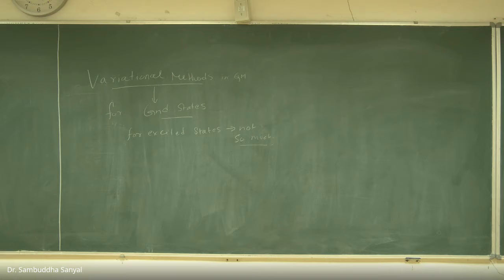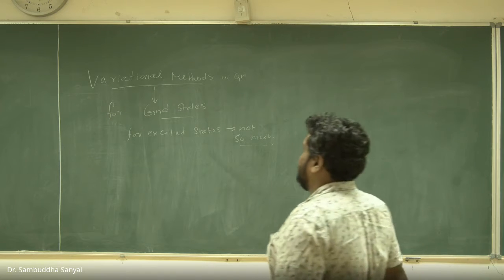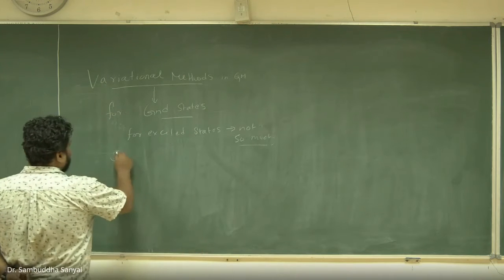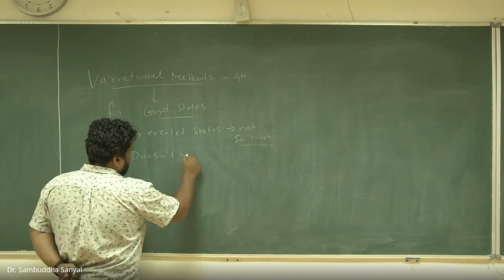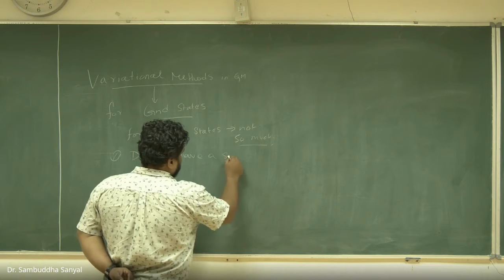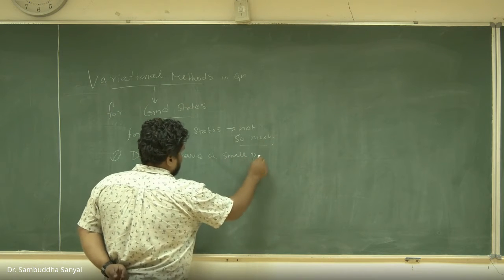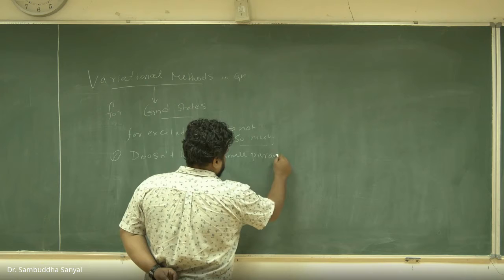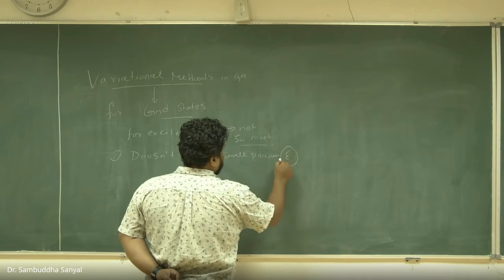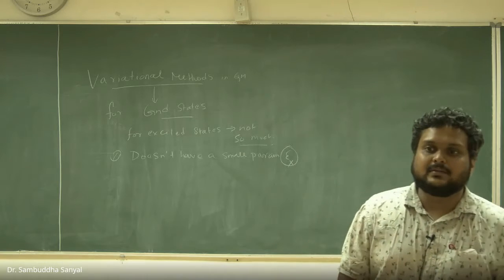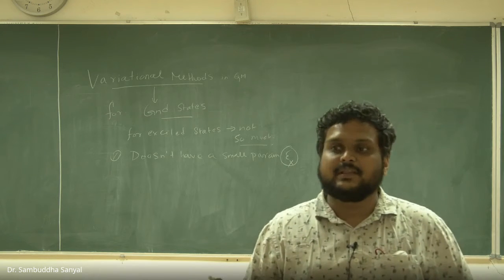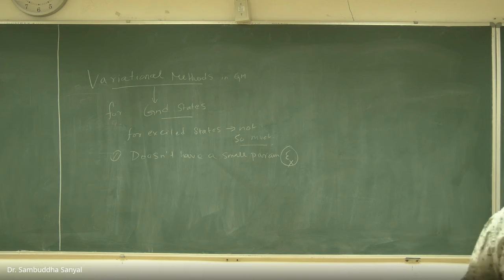The main point is that it is applicable to systems that don't have a small parameter. There is no epsilon, and there is no way to formulate the problem such that there is an epsilon.